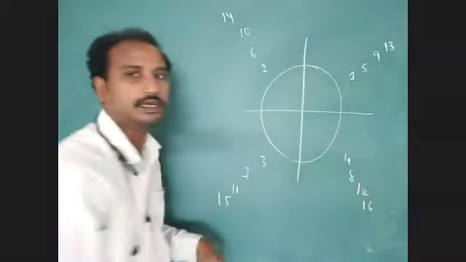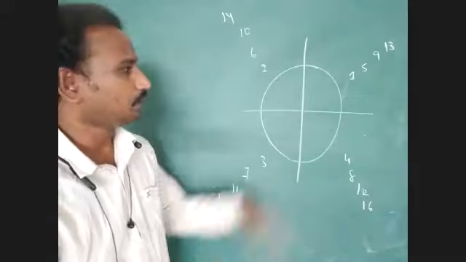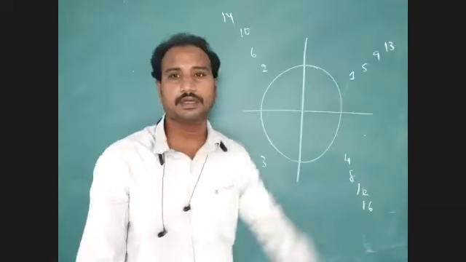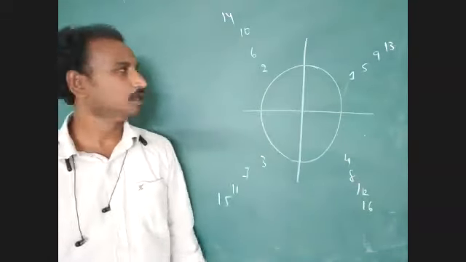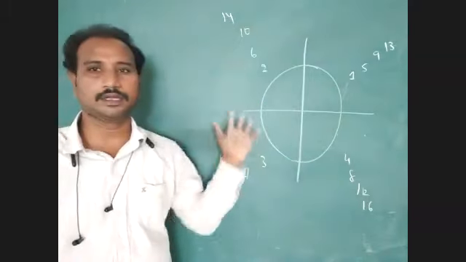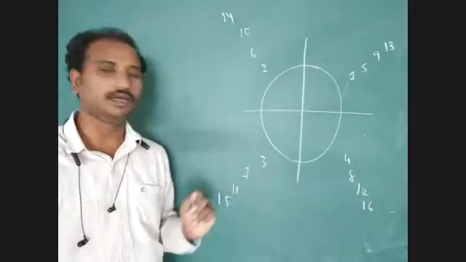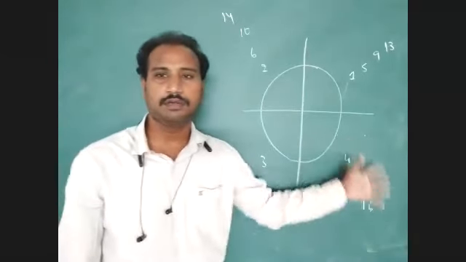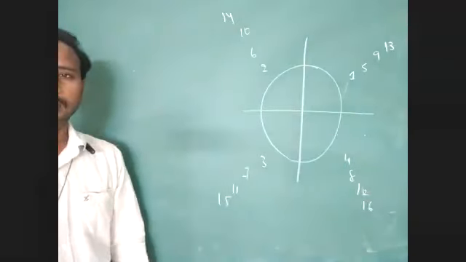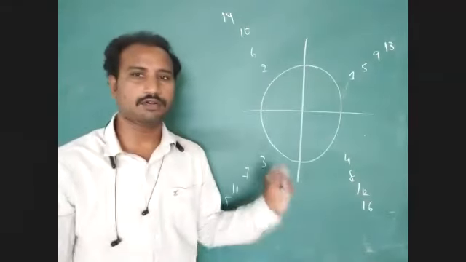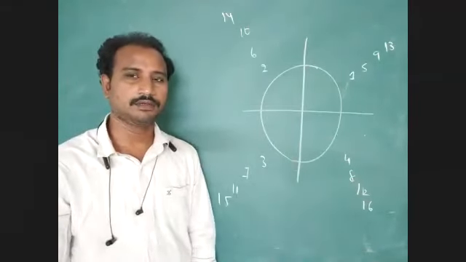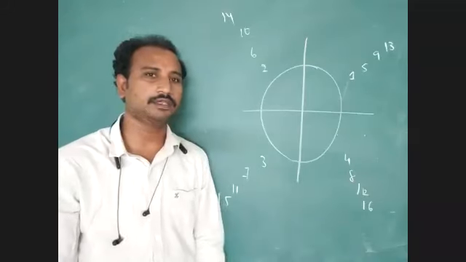In the first quadrant, all numbers are odd numbers. In the second quadrant, all numbers are even numbers. In the third quadrant, all numbers are odd numbers. In the fourth quadrant, all numbers are even numbers. Yes or no? We use these odd and even numbers to identify the trigonometric function.